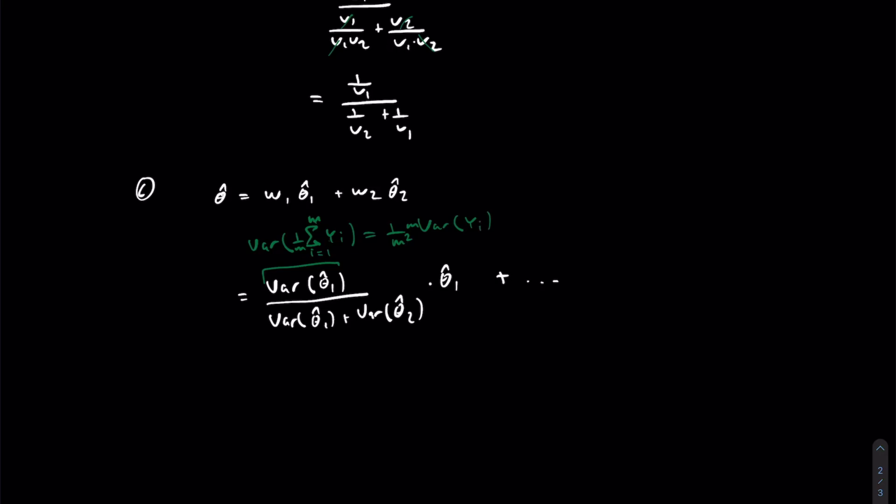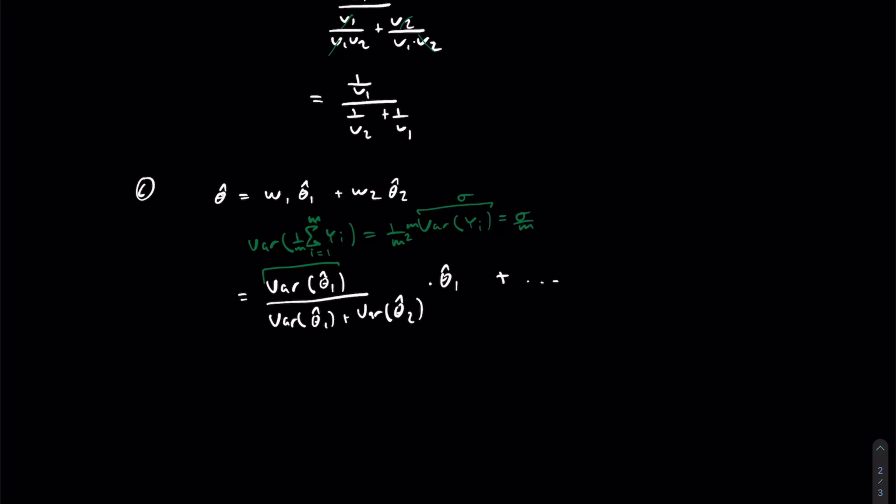And all of them have the same variance. I'm going to set them to sigma. And actually, y and x have the same variance because of the same data. So this whole expression amounts to sigma divided by m.